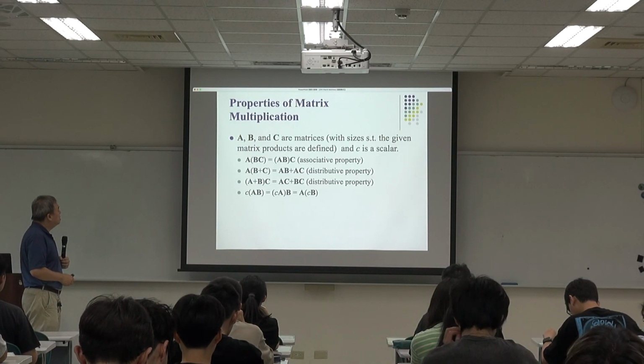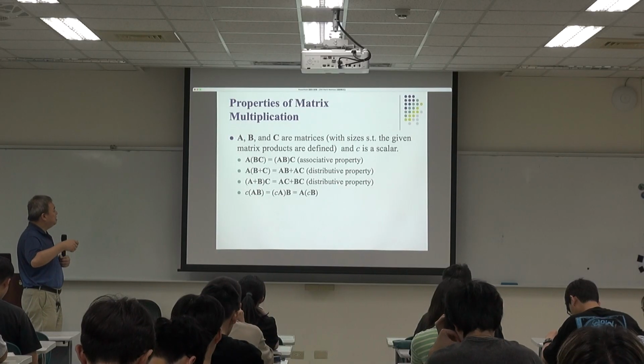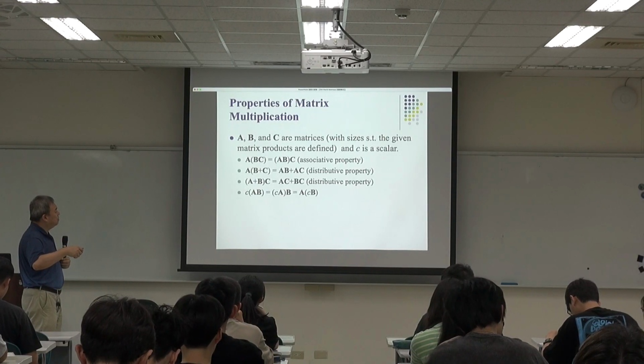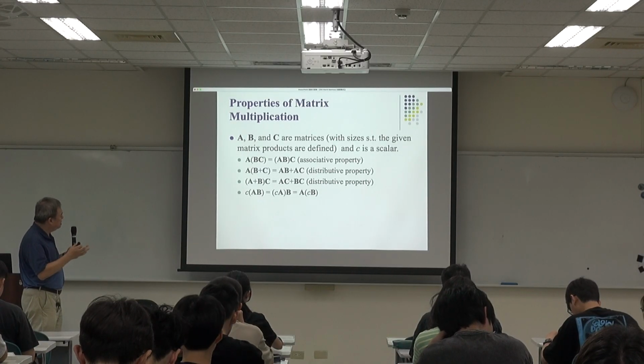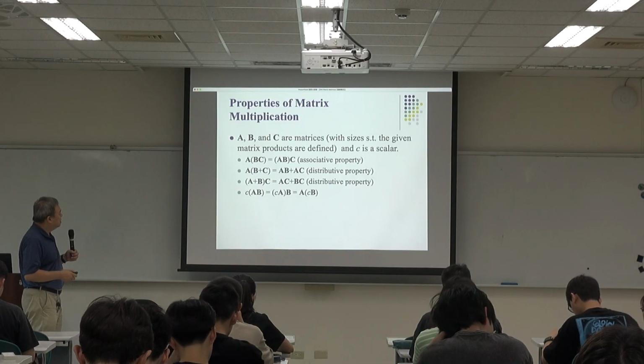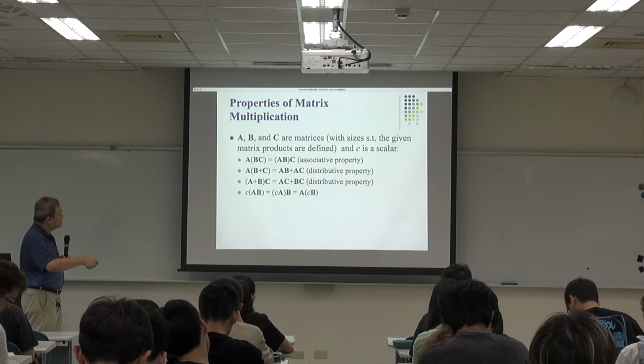And then, the matrix multiplication. A, B, and C are matrices with the right sizes. In other words, they can be multiplied together. And C is a scalar.